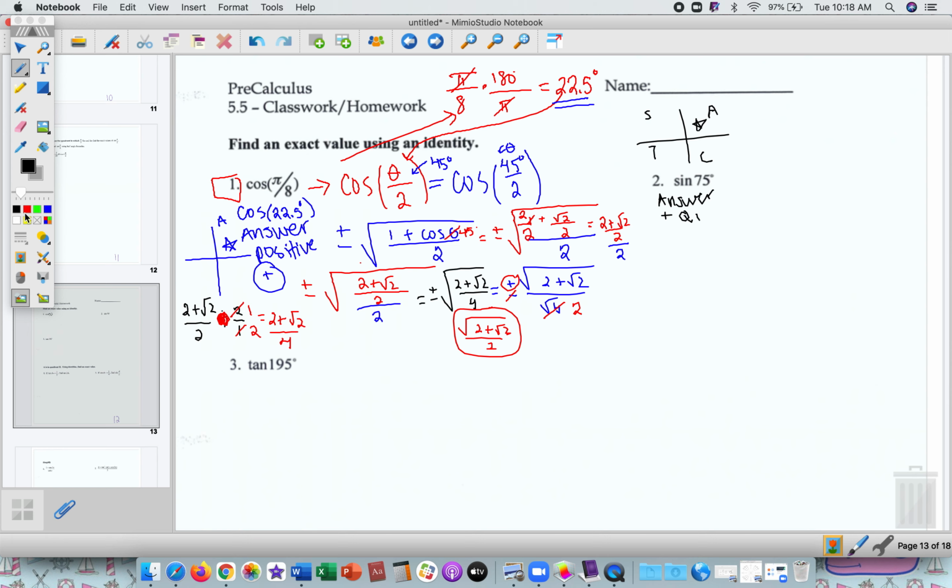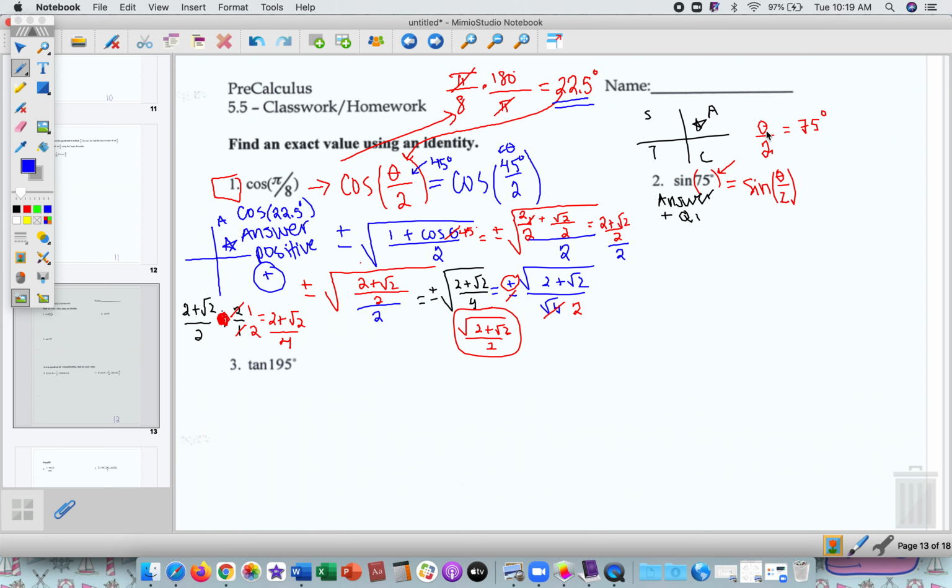75 degrees isn't on the unit circle. We need to replace 75 degrees with some value that works on the unit circle. We know that if theta over 2 equals 75, and we replace what's inside the parentheses with theta over 2, then we need to figure out what theta needs to be so that a number on the unit circle divided by 2 equals 75.